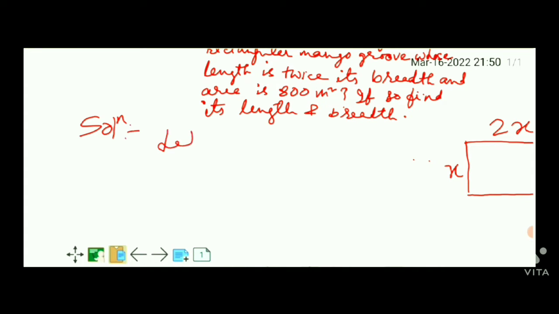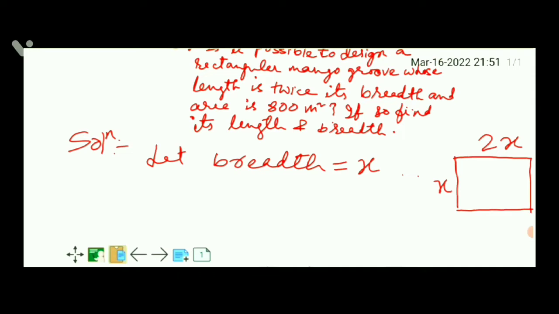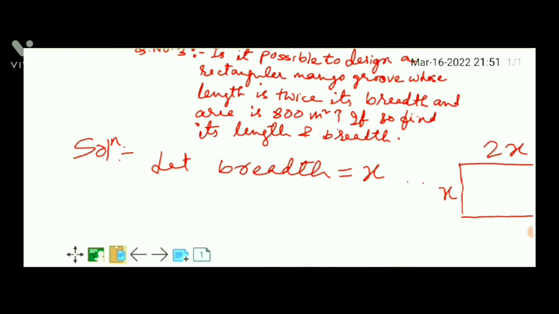Let breadth be x. So here area is given as 800 meters square. So obviously breadth will be in meter, length will also be in meter. So breadth, we can say x meter.